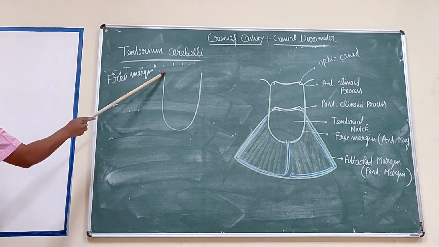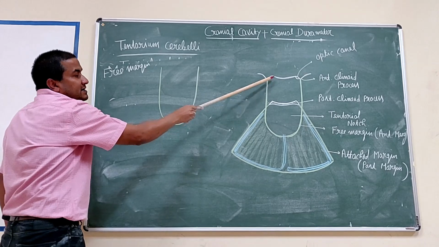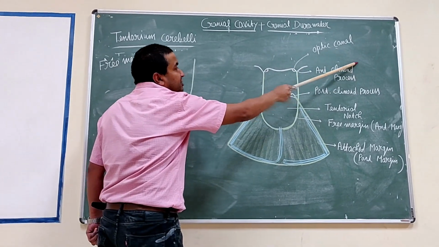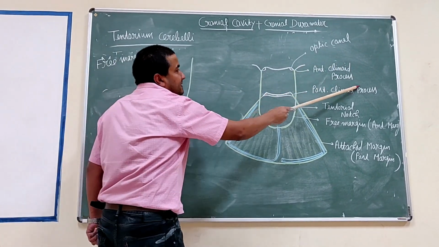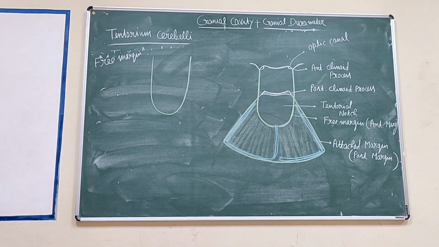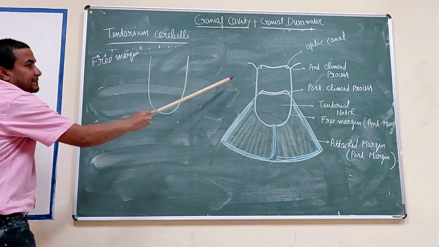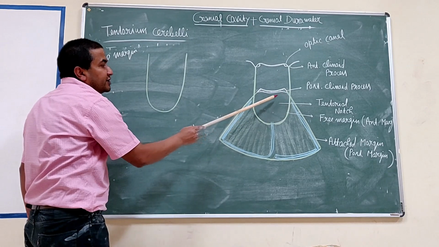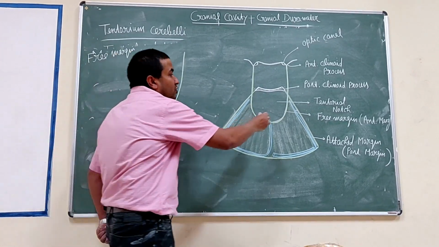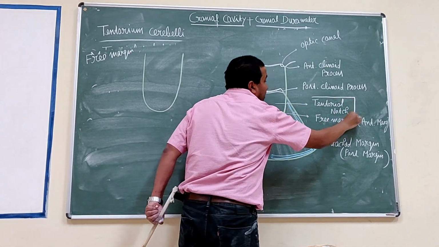While its anterior end is attached to the anterior clinoid process, this U shape forms the boundary of an opening that is known as the tentorial notch.